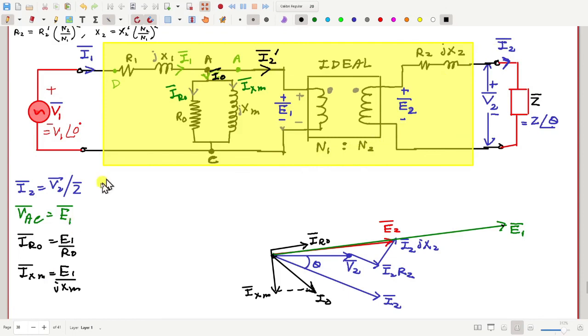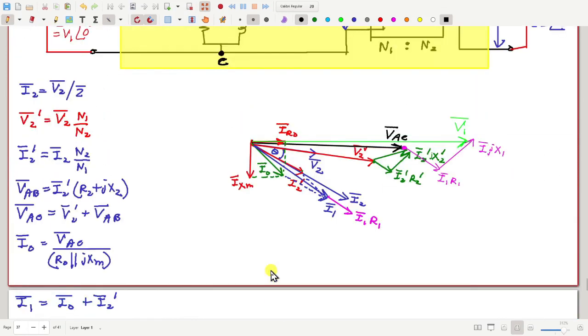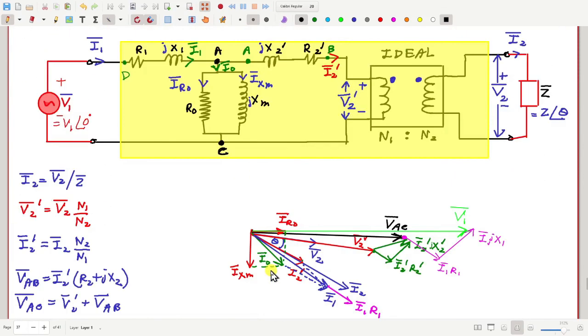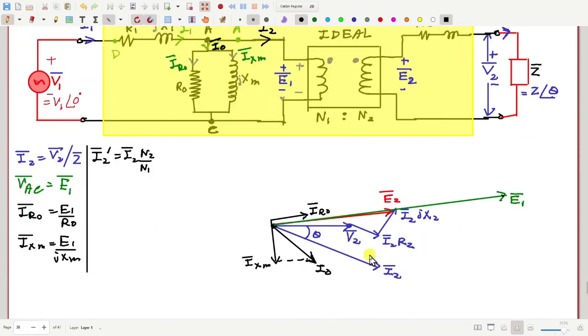So let me write here, I2 prime is I2 N2 by N1. What was my convention? Is N1 by N2 larger or smaller? Yeah, so voltage is larger, that means current should be smaller.